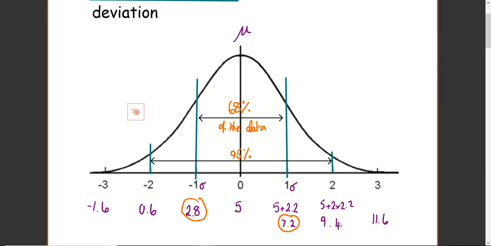But then we would expect within the... Sorry, I've kind of done it differently than the book. 95%. That's 95%, yeah. Shall I rewrite it? So I'm going to, it's 95% within the 2 standard deviations.